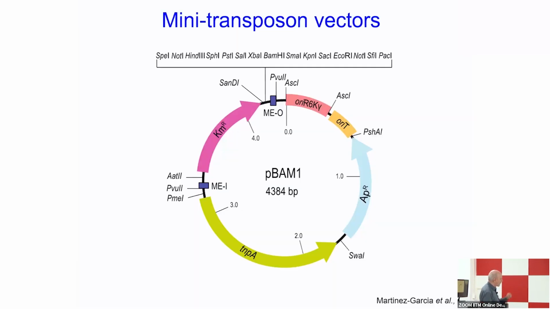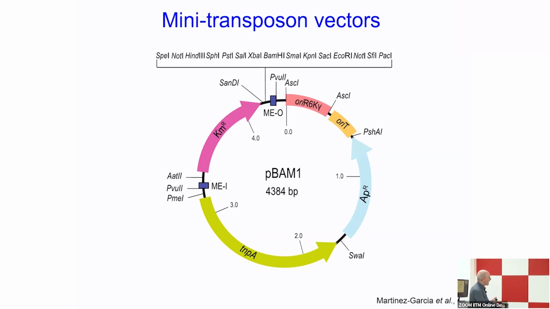Let me just finish with this slide indicating that in the last, about 10 years ago or so, we standardized the transposon vectors to make them compatible with the SEVA vectors, okay? So that means that now you have an entire panoply of vectors that are compatible, interchangeable. You can take segments from one place to the other. You can put it in E. coli. You can put it in Pseudomonas. You can put it here and there.